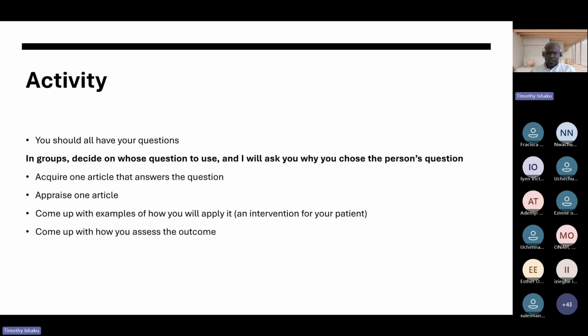If it's an intervention, it's straightforward: what intervention did they use? If it's not an intervention, what is that area of interest? Are they looking at the experience of patients, economic evaluation, whatever it is they are interested in? And the second thing is, if it's an intervention, what outcome did they use to assess its effect on patients?